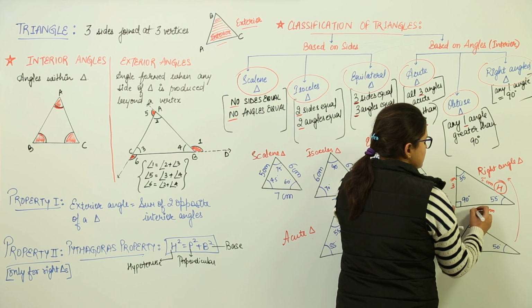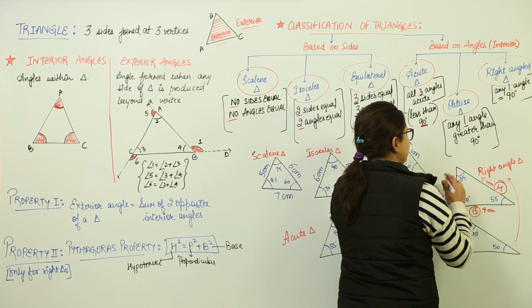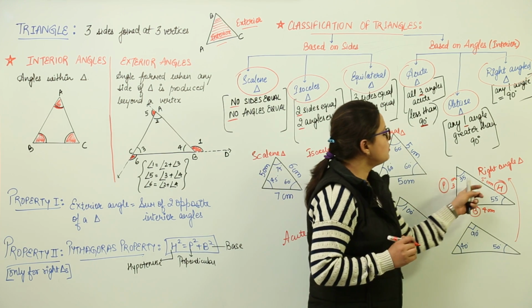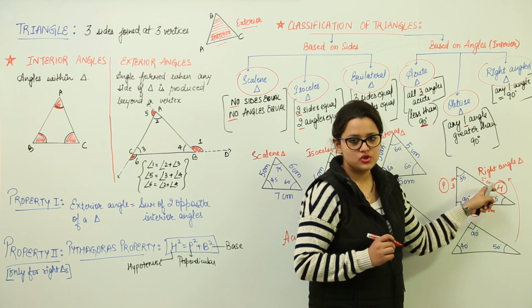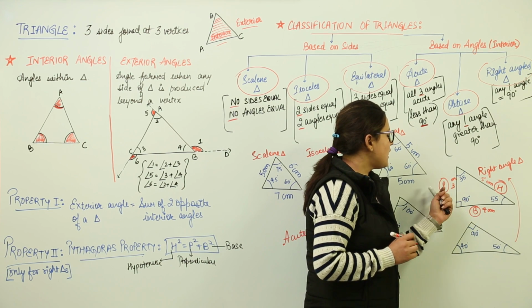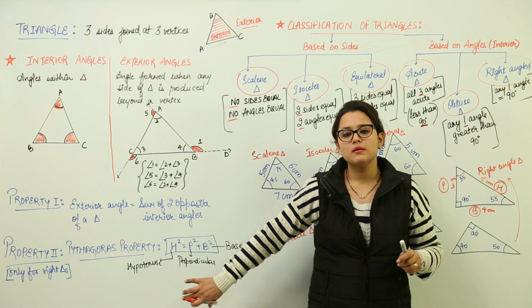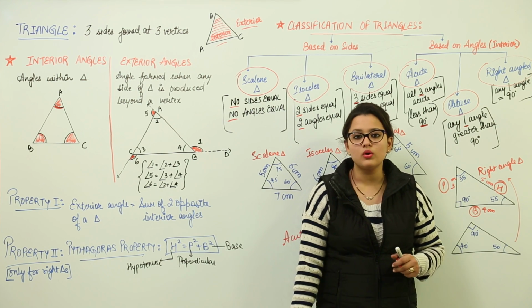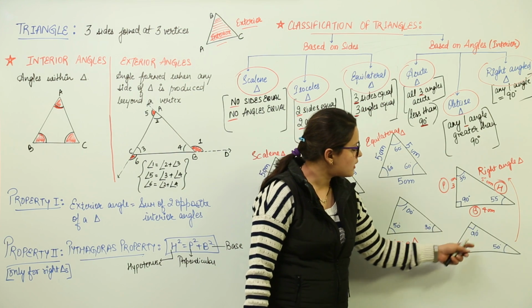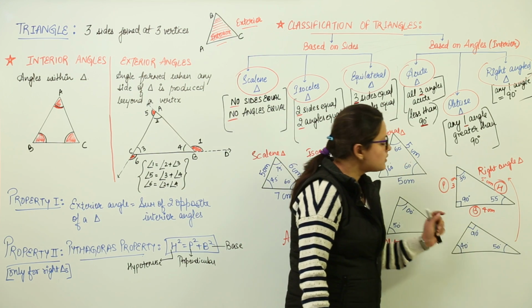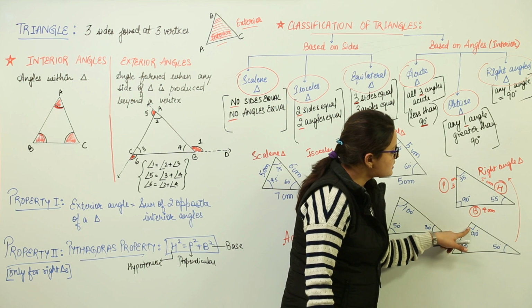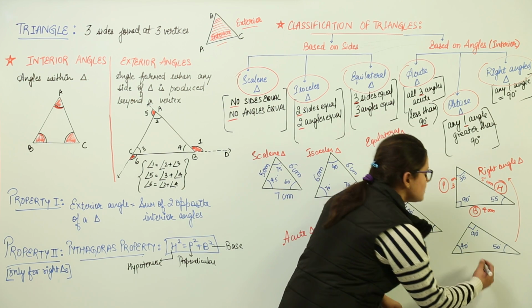One is your base and the other one definitely is your perpendicular, right? So what you will do, you will place the value of h, the value of b and the value of p in the Pythagoras theorem, and you can cross check whether it is satisfying or not. Similarly for this triangle, which will be the hypotenuse? Because 90 degrees is over here, the side opposite to 90 degrees is this one.